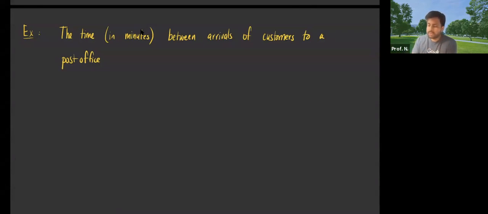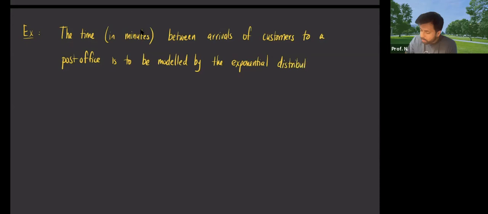Okay, so the time between arrivals of customers to a post office is to be modeled by the exponential distribution with mean 0.43.